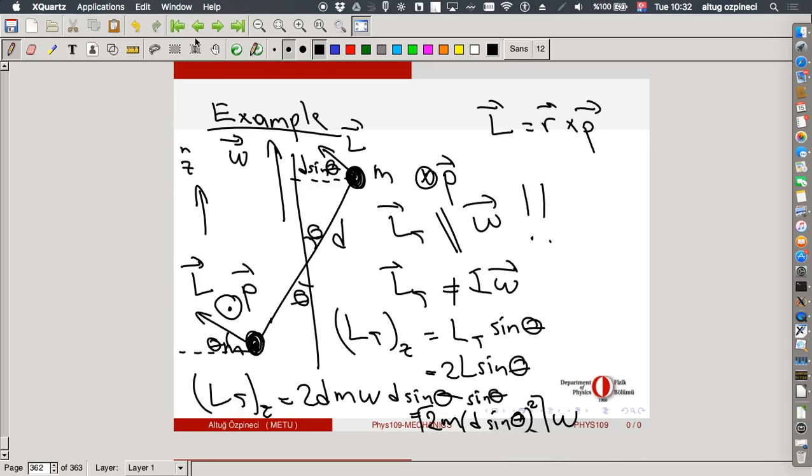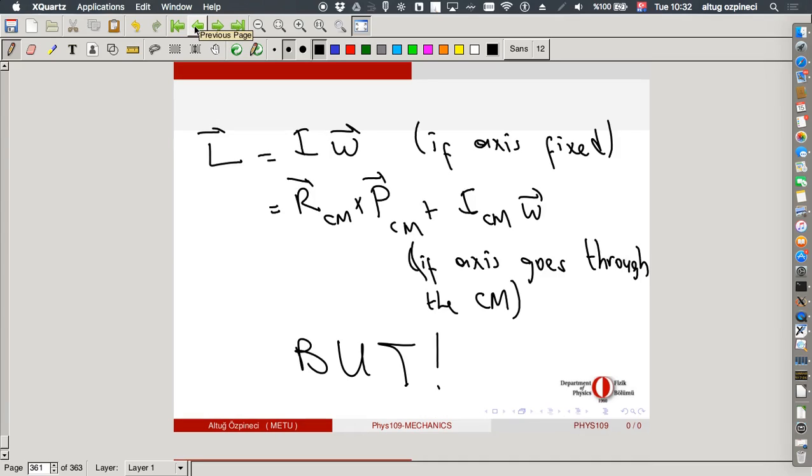So for such non-symmetric objects, L is not equal to I omega necessarily. They are not equal vectorially.